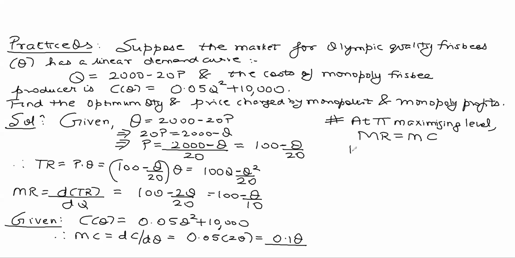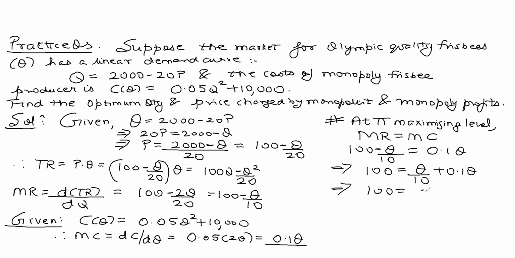So MR, 100 - Q/10, is equal to MC, which is 0.1Q. So this implies 100 = Q/10 + 0.1Q, which implies 1000 = Q + 1Q, that is 1000 = 2Q, which implies the quantity produced by the monopolist is 500.